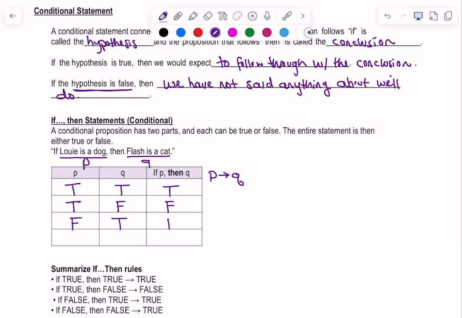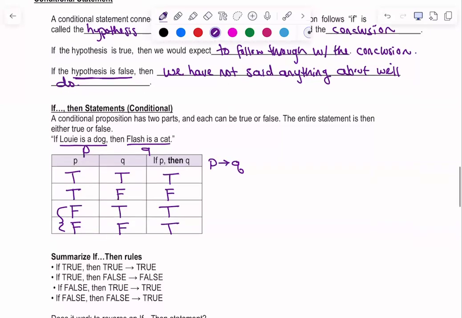And again, this is just by convention with mathematics: the whole statement is true. Now, if my hypothesis is false and my conclusion is false, again it's just not true, right? Louis is a dog. Because you don't have any information to prove otherwise, it's true.